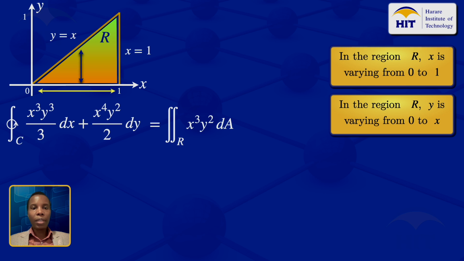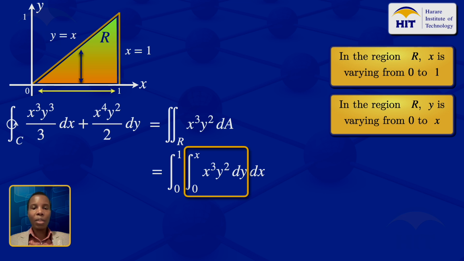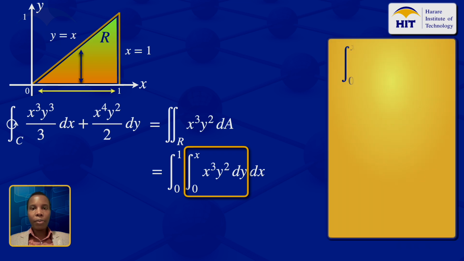So we have the integral from 0 to 1, the integral from 0 to x of x cubed y squared dy dx. We evaluate this integral first, the one with respect to y. I can just write the integral from 0 to x of x cubed y squared dy. We are integrating with respect to y, treating x as if it's a constant.